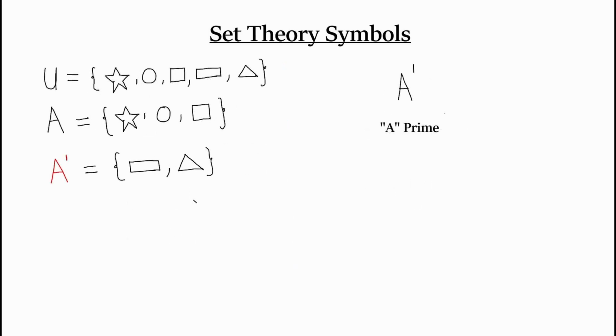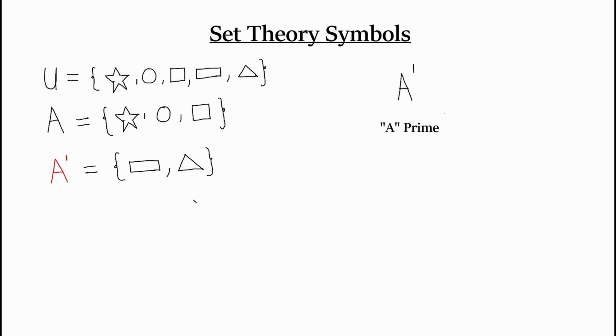A prime or a complement, all the elements that are not in set A. For example, let's say we have a universal set, which is denoted by a capital U, and this set has the elements star, circle, square, rectangle, and a triangle.